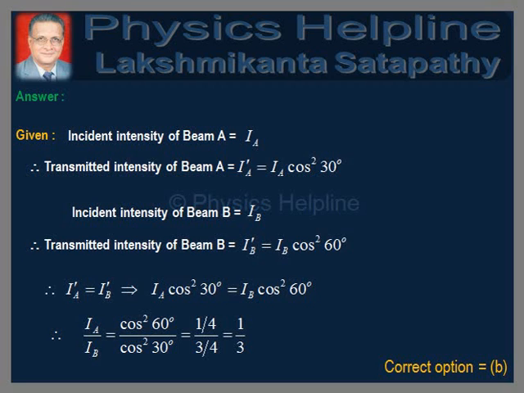Therefore, the intensity transmitted is IB dash equal to IB cos square 60. It is given that IA dash is equal to IB dash. Putting the values and simplifying, we get IA by IB is equal to 1 by 3. Therefore, the correct option is B, which is the answer to the question.